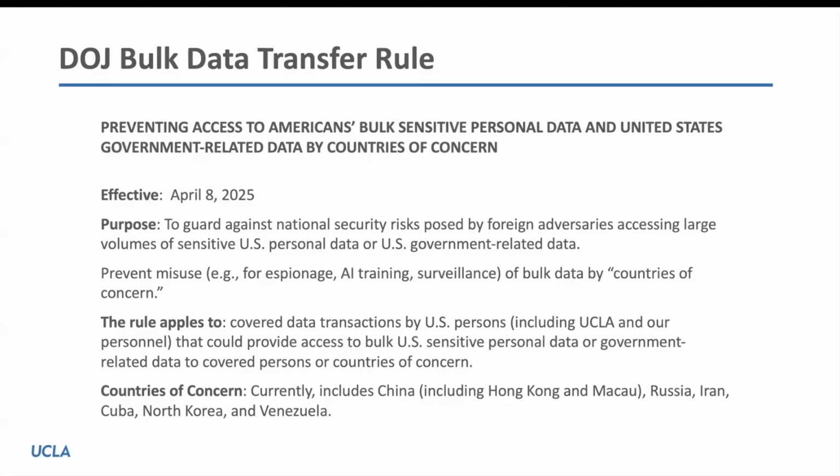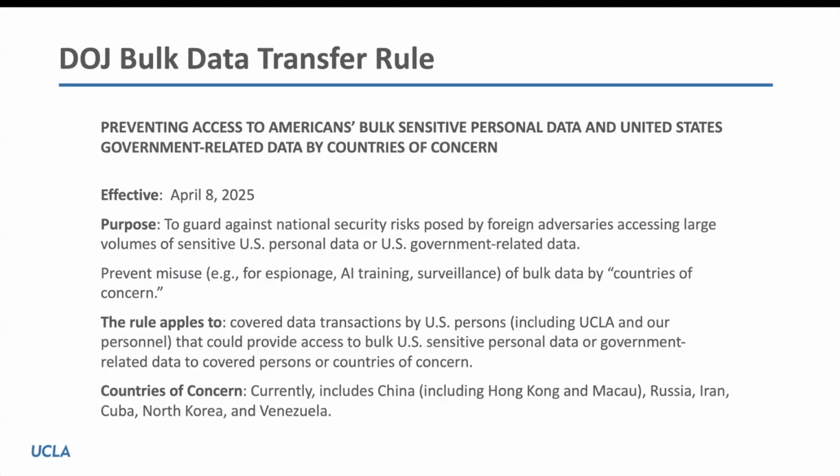This was put into place last year, actually a bit suddenly. It was effective on April 8th, 2025, the culmination of a longer process that started in the previous administration. But the purpose of this rule is, in effect, to guard against the national security risks that would be posed by foreign adversaries who may be able to access large volumes of US personal data or US government-related data.